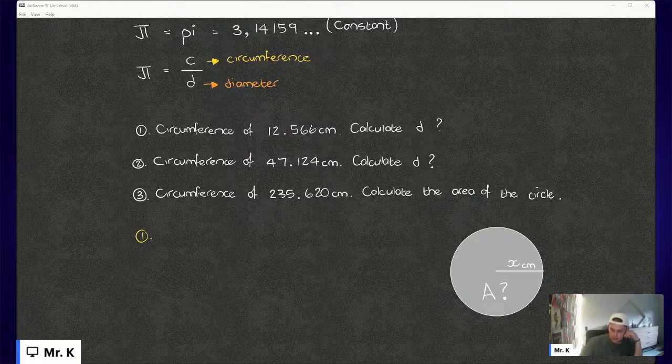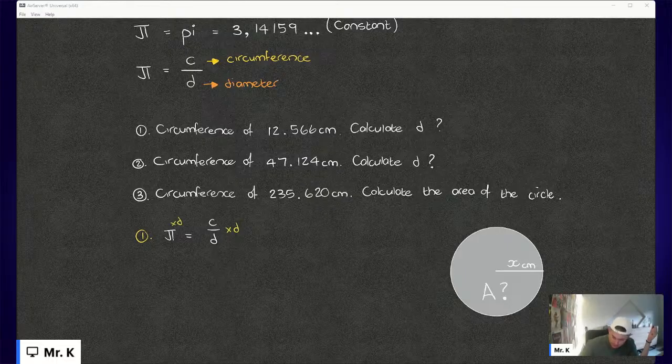All right. When we try and approach these questions, grade nines, let's think about the formula that we've been given. We've been given pi is equal to the ratio of the circumference to the diameter. We can change this formula to suit us in answering these questions.